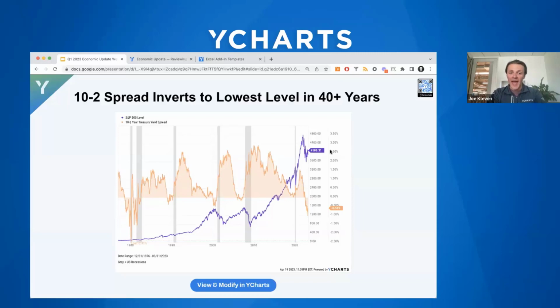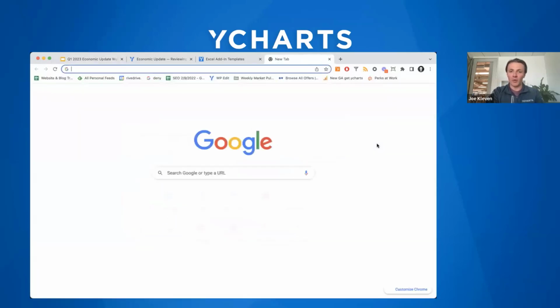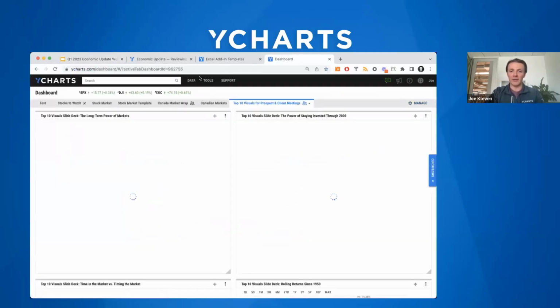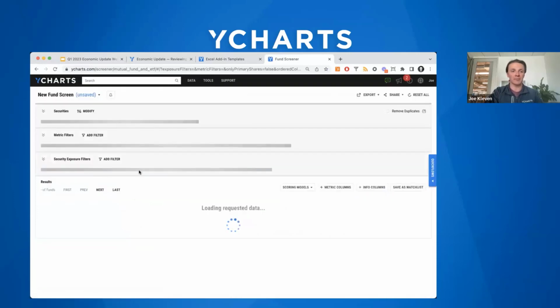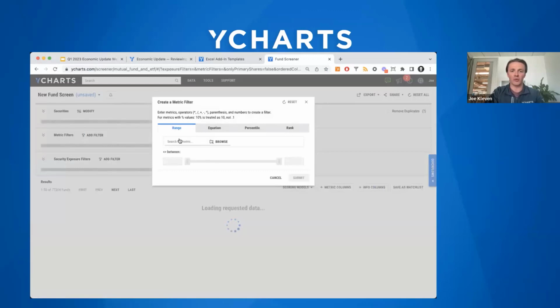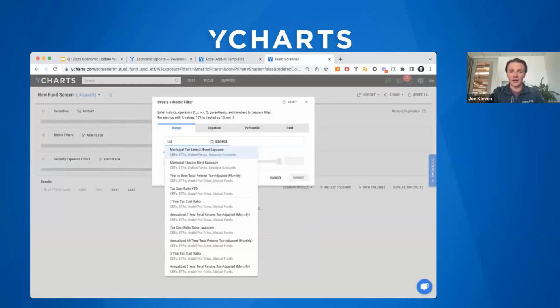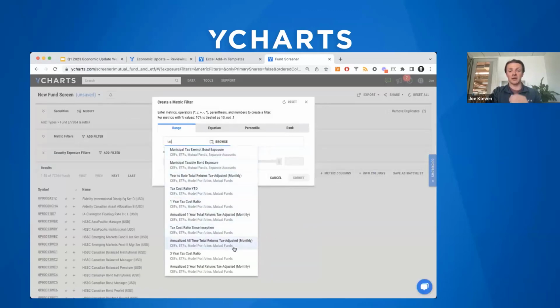And finally, Brad asks, any charts on the tax loss harvesting trade? Seems like the impact was especially large this year with some of the reversions we saw in Q1, backed by little fundamental business success. We can definitely pop into YCharts there, Brad, and take a look at that. One thing that you're able to chart in our stock screener, fund screener, and comp tables tools, as well as I believe our fundamental charts, is you can actually look at returns based on tax adjusted returns.